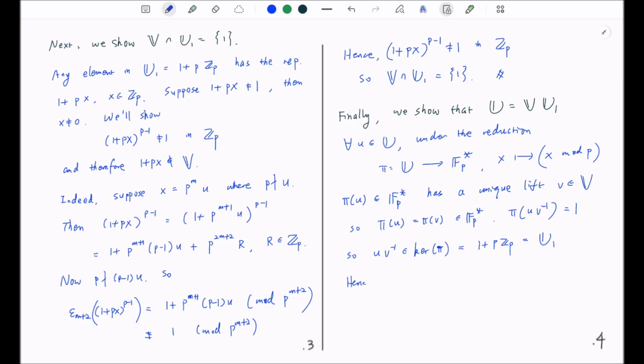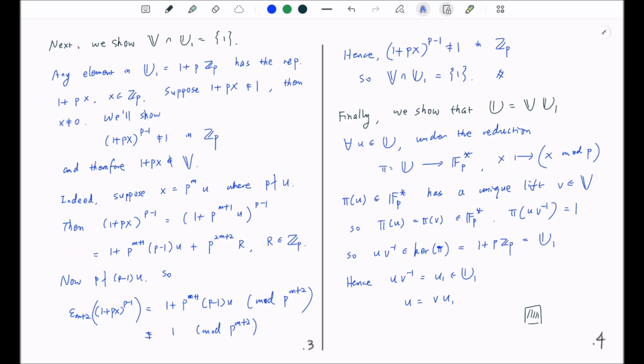Hence u v inverse is equal to some u1 in U1. So we get U equal to V times U1. It doesn't matter which one goes first, because this is an abelian group. And this finishes the proof of Proposition 7 in Serre's book.